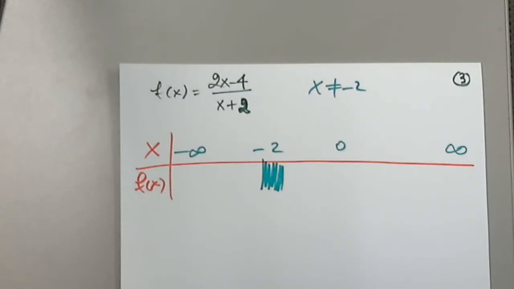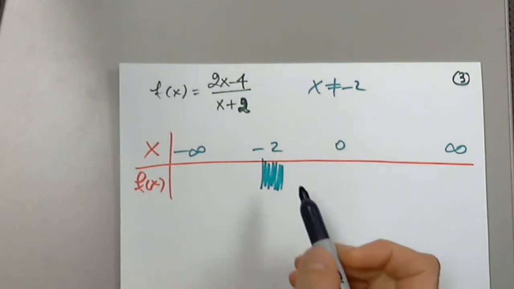Yes? Okay, perfect. Now, what happens when a function is undefined? A function like this one, a rational function, is undefined at -2. There is a vertical line at -2 that the function cannot cross because the function doesn't exist there. This vertical line is called a vertical asymptote.